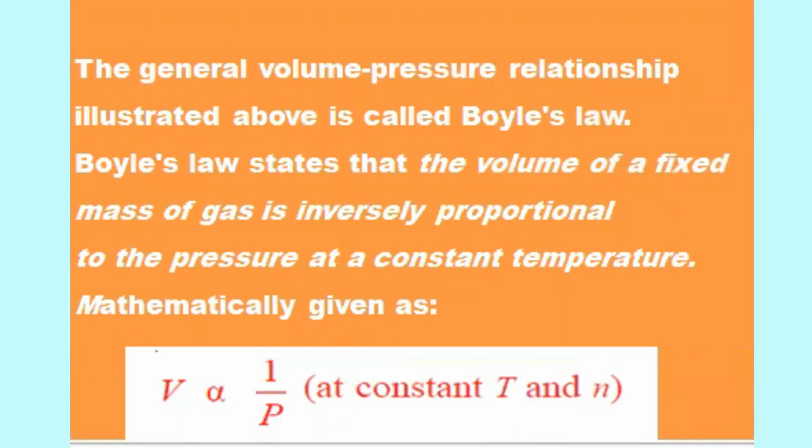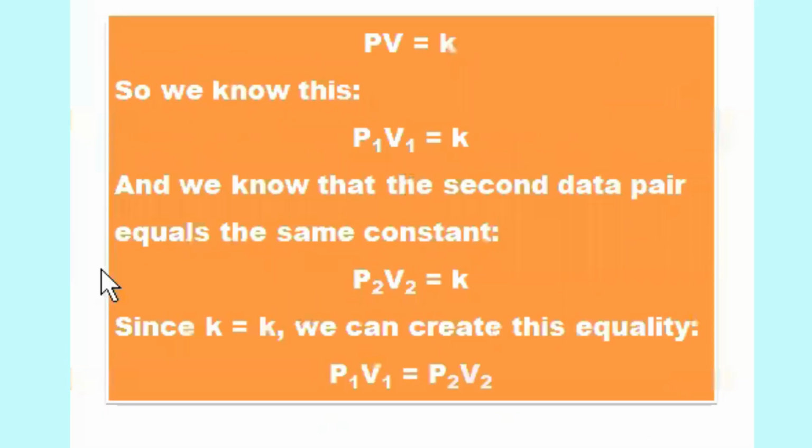We can derive the formula of Boyle's law from this relationship as PV equals K. So we know P1 V1 is K and P2 V2 is equal to K. Okay? This implies P1 V1 equals P2 V2.